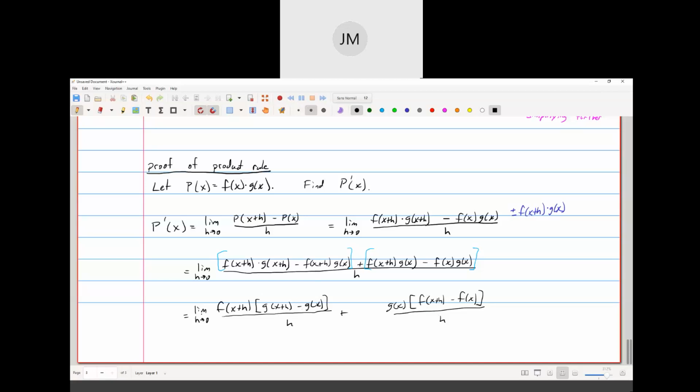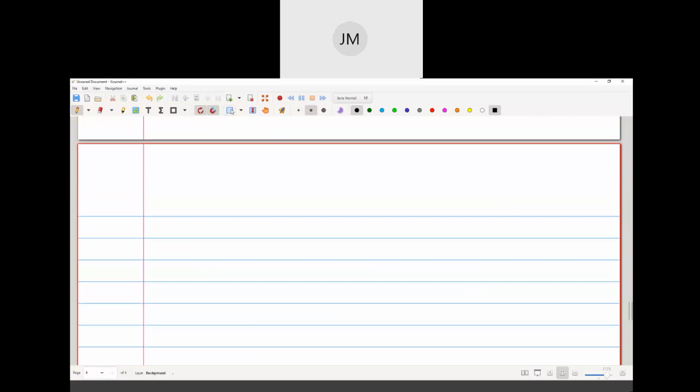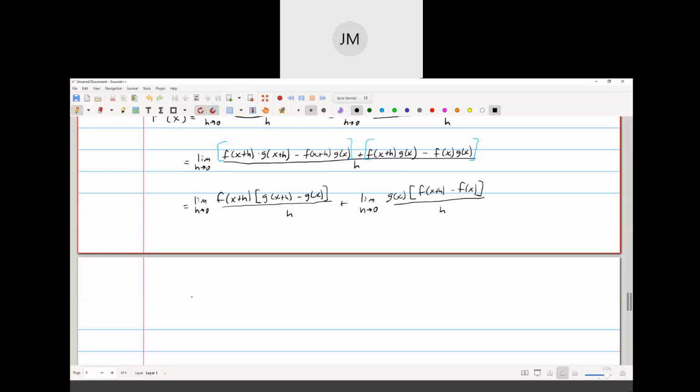So if I also break up my limit into two separate limits, okay, and I need to add in another step here just to be real clear. What I'm going to do is break my limit up over multiplication also.